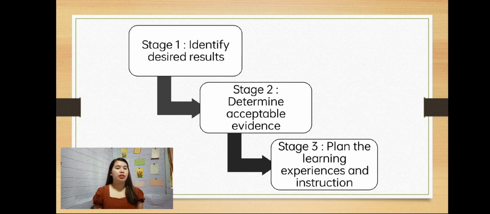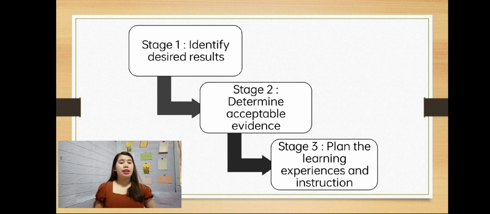So, it indicates what the students should learn, should know, understand, or be able to do at the end of the school year or at the end of the semester. Stage 2, determine acceptable evidence. Pwede ka magpa-assessment, no?